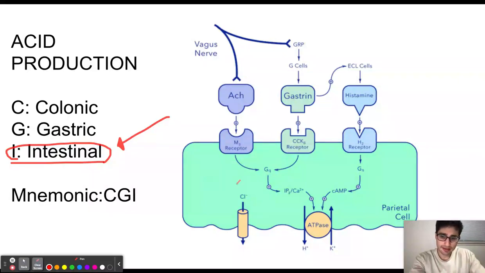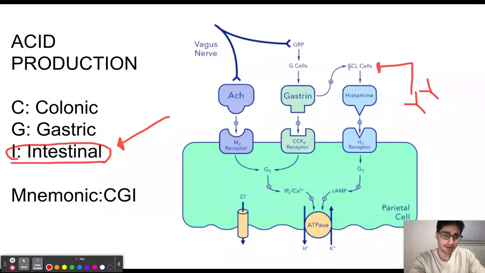When food is entering the intestine, the ileum and the colon are going to release something called peptide YY, and this peptide is going to be responsible for inhibiting the enterochromaffin-like cells.